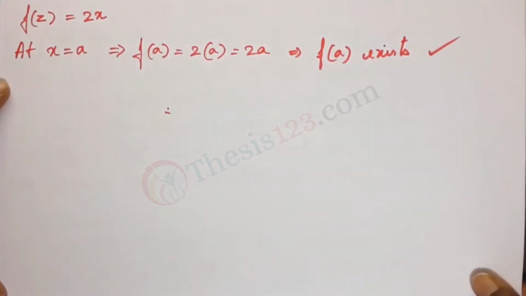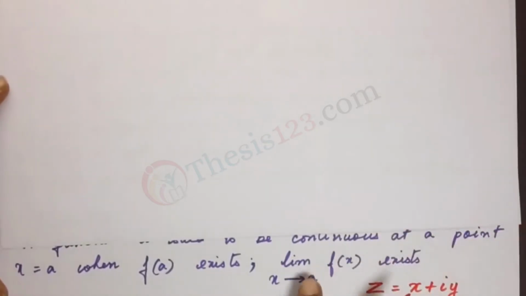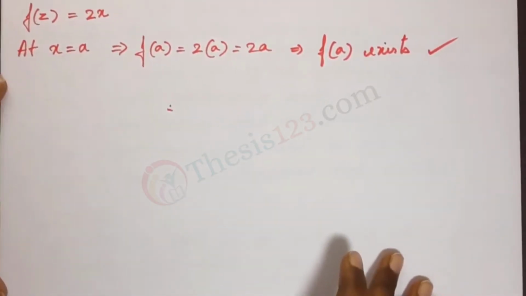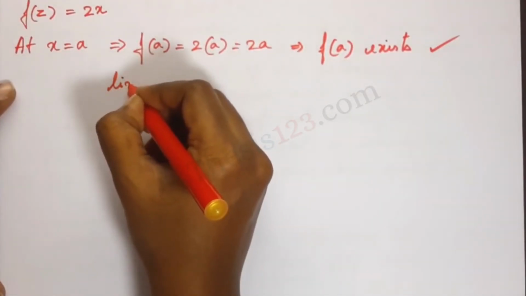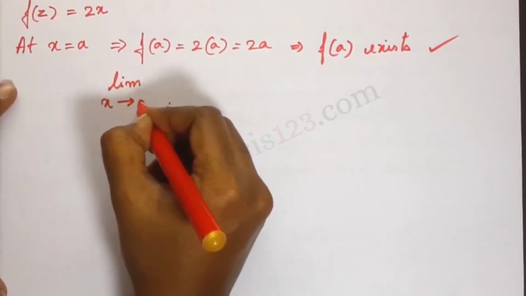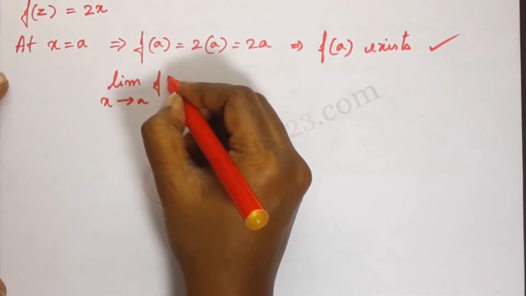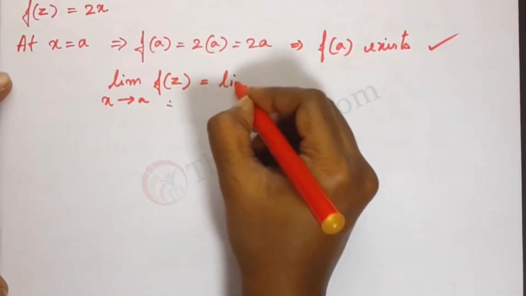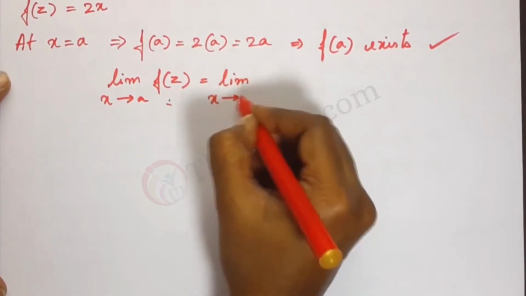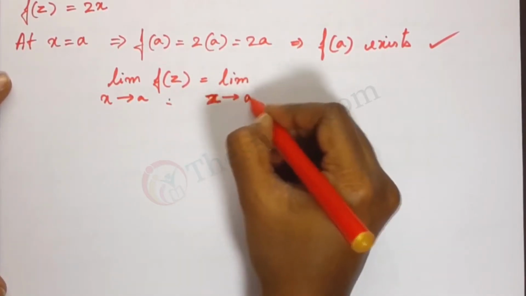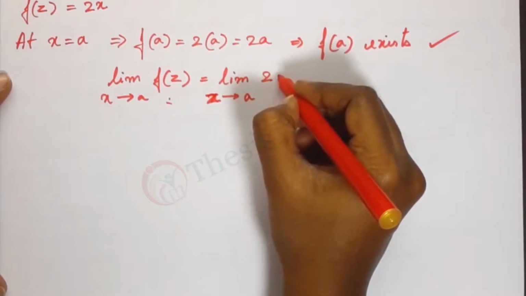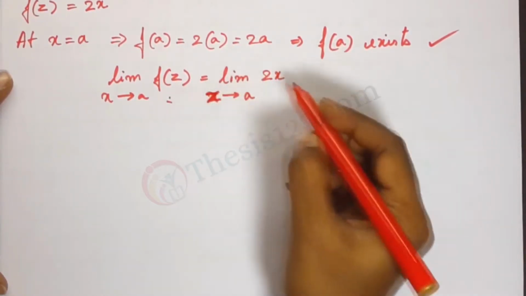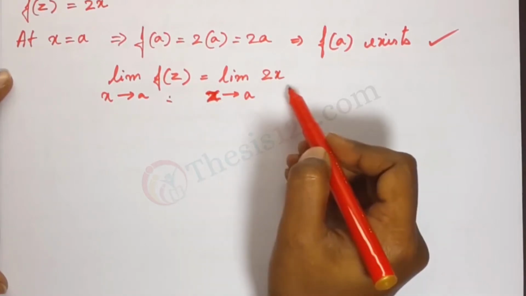Now the next condition says that limit x tends to a, f of x exists. Limit x tends to a, f of x, so that's f of z, which is limit x tends to a of 2x.